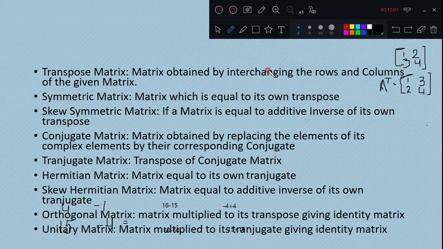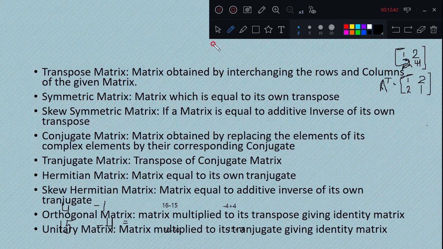Fine. Symmetric matrix. Now, a matrix which is equal to its own transpose: if I have here 2 and this equal to 1, and then I change the rows into columns, the matrix will be the same. The transpose will be the same as the matrix given.